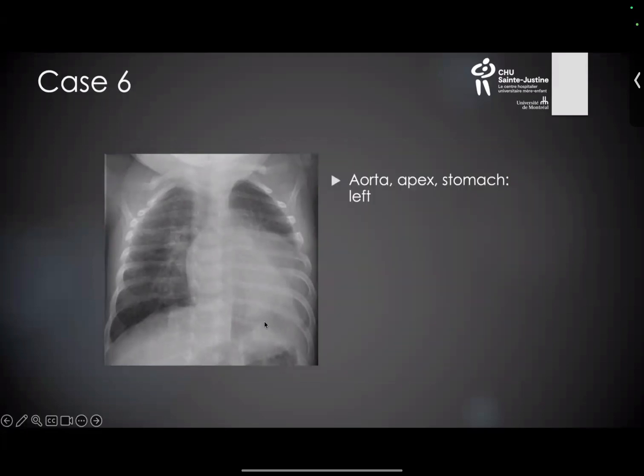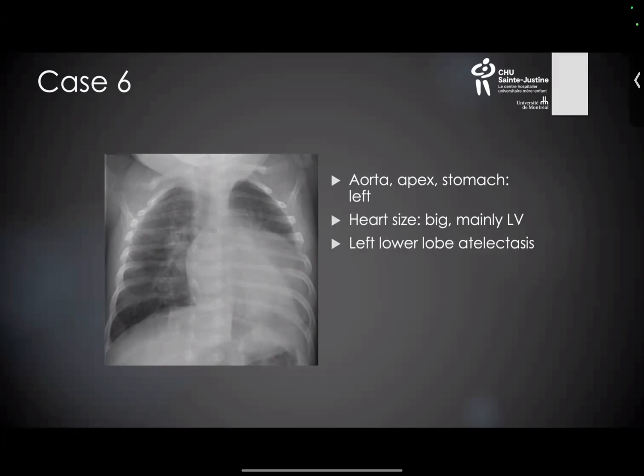So if we do the exercise again, you have the left aortic knob, a left apex and a left stomach, which is good. You have a big heart, mainly the left ventricle, and a left lower lobe atelectasis with hyperinflation. That baby was clearly, clinically and on the radiographic x-ray, in heart failure.